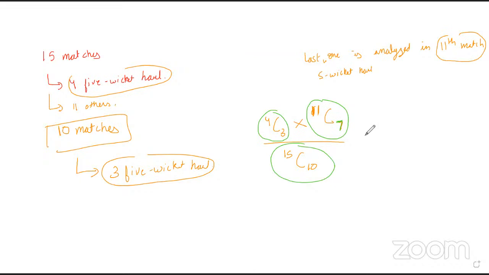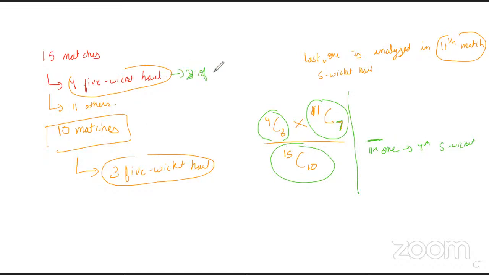Yeah, 3 5 wicket haul matches I need. 7 should be others because the 4th one should be the 11th one, right? So before that, in my first 10 matches, I should have covered 3 of them, right?